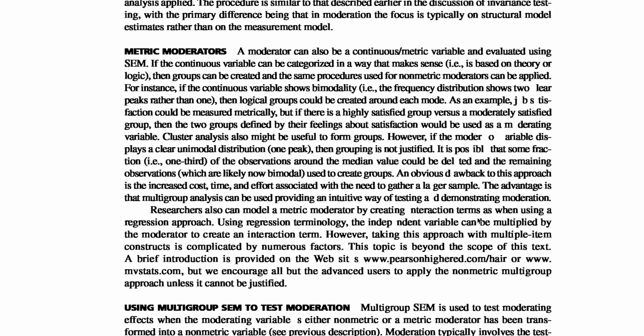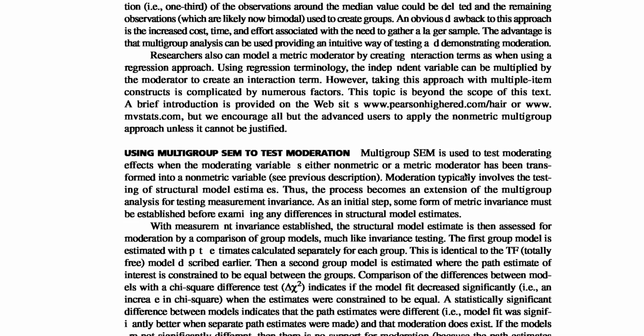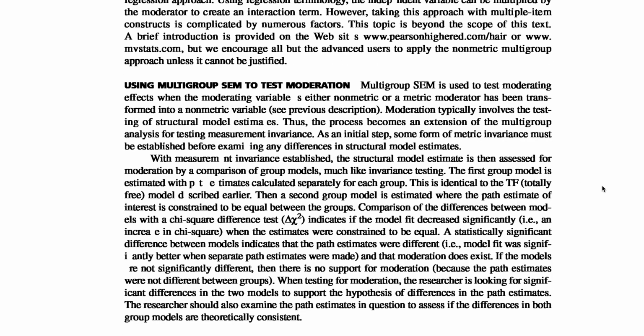This topic is beyond the scope of this text. A brief introduction is provided on the website, where you can visit and see it if you want to know about that. But we encourage all but the advanced users to apply the non-metric multiple groups approach unless it cannot be justified.